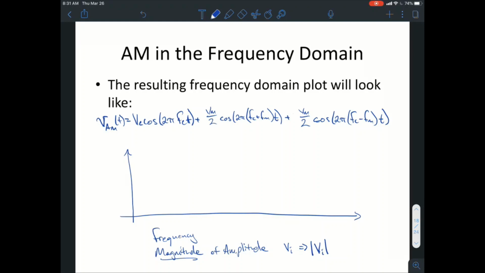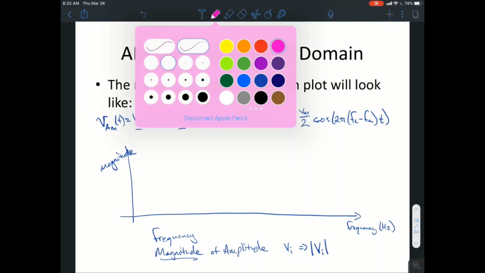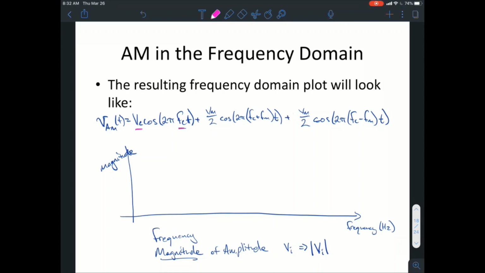So here we have our magnitude, and here we have frequency, and this is going to be in hertz. And then we're going to say, hey, we care about this and we care about that for this signal.